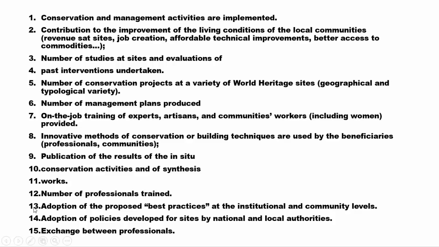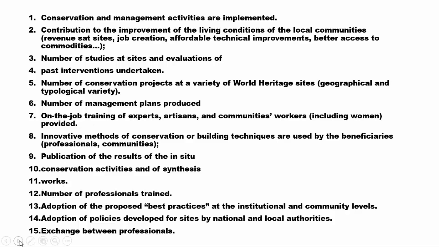I wanted us to talk about this particular indicator, number of professionals trained. That's an indicator that I have thought of using as an example so that you get to understand what exactly we are trying to do, what tool we would develop for this indicator, number of professionals trained.